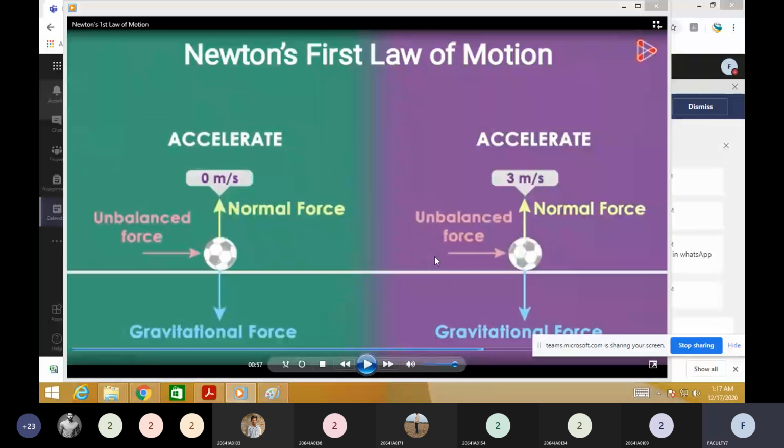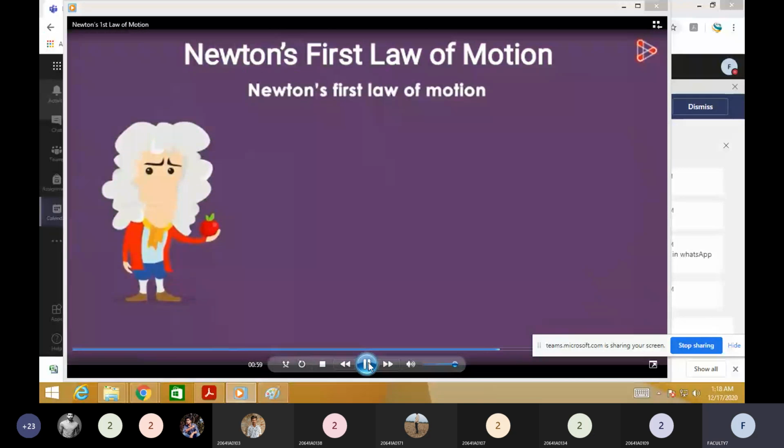Then the speed of the football will increase. So what do you need to consider? The football at rest, if you want to move it, you need to apply a force, and a moving body, if you want to increase its speed, also needs a force. This gives Newton's first law.